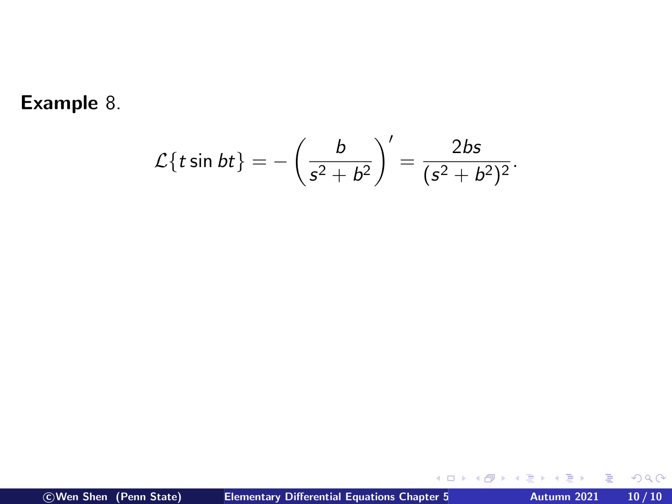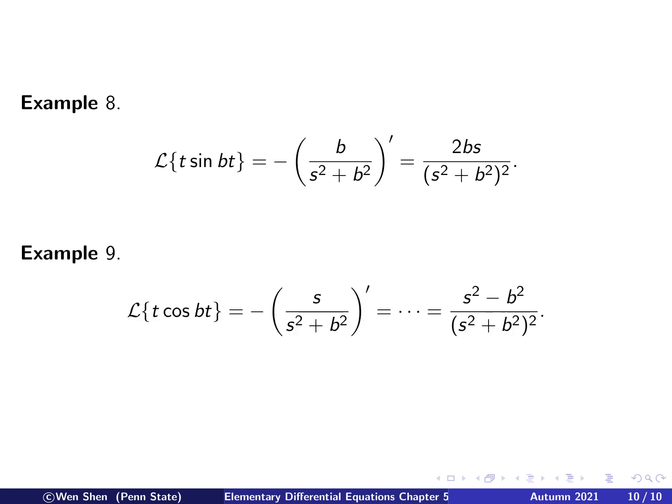Okay, in this example, we are computing the Laplace transform of t times sine bt. We see that multiplying by t will result in a negative sign and the derivative of the Laplace transform of sine bt, which we wrote here. Then you just need to work out the derivative of that. You can use the quotient rule, and you will get 2bs over s squared plus b squared, the whole thing squared.